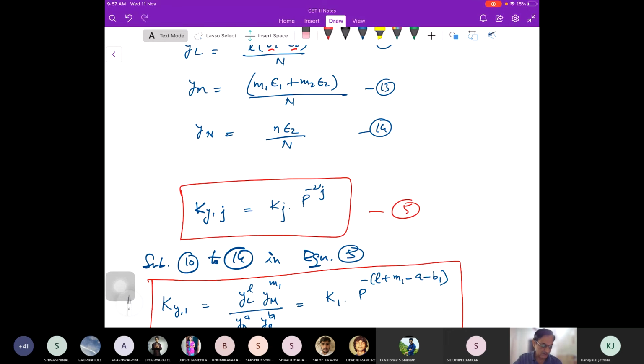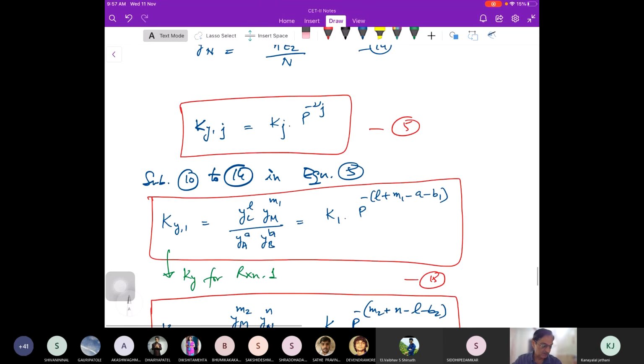So substitute all these equations in equation 5, and what we'll get is Ky for the first reaction: yL to the power of L, yM to the power of M1, divided by yA to the power of A and yB to the power of B1, is equal to K1 into P raised to the power of minus nu j. Nu j for the first reaction is L plus M1 minus A minus B1.